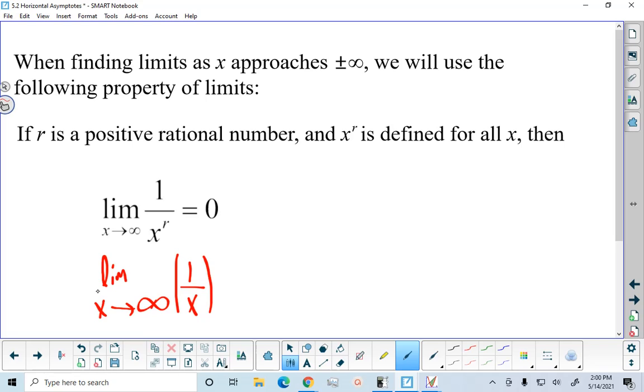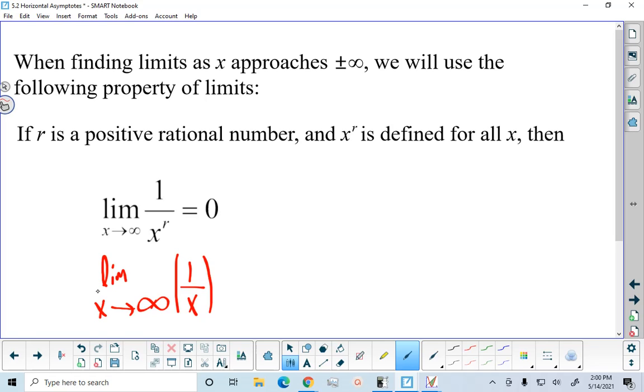That's how fractions work. 1 over 10 is small. 1 over 100 is smaller. 1 over 10 million is even smaller. So as x gets infinitely large, the entire expression gets infinitely small. And infinitely small in this context is 0.